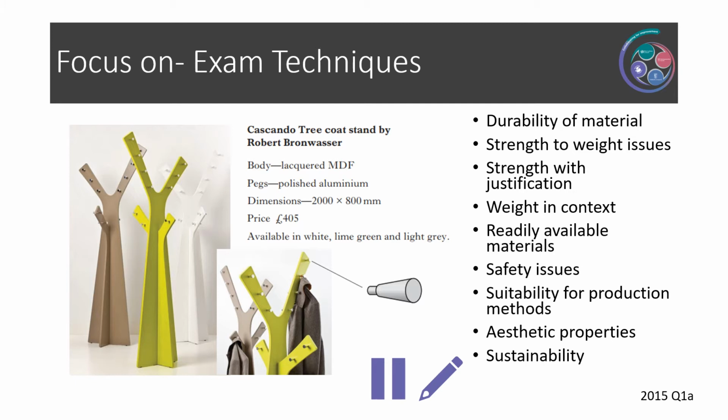All of these could be a reason why MDF was chosen over other materials. These are the keys to unlocking the answer. I would suggest that you pause the video now and copy down those bullet points.